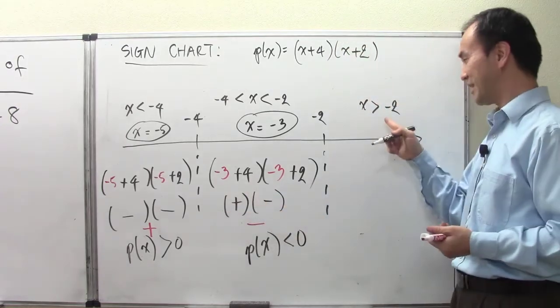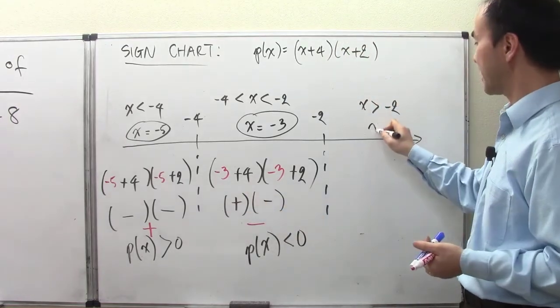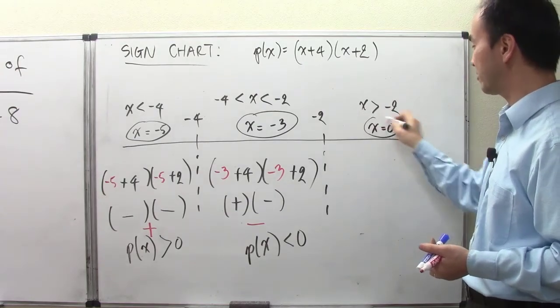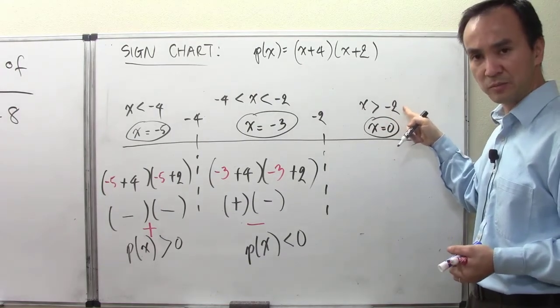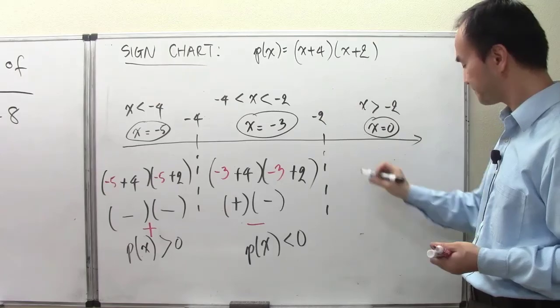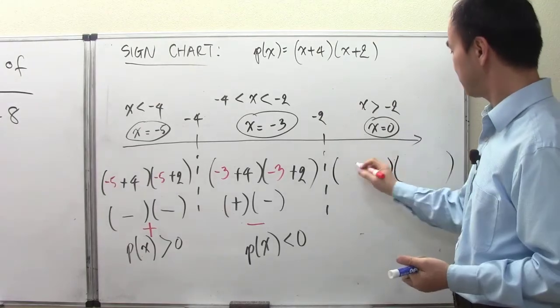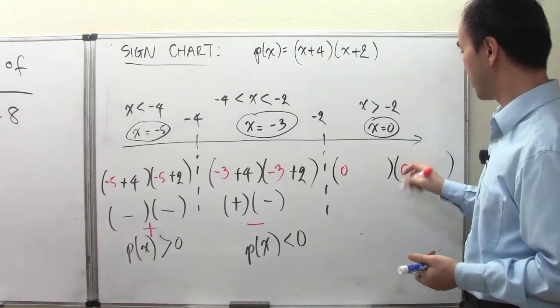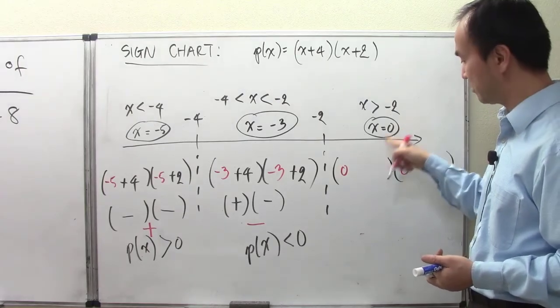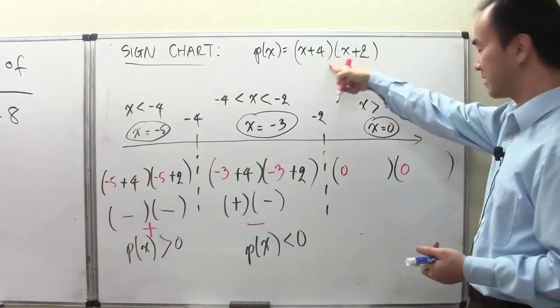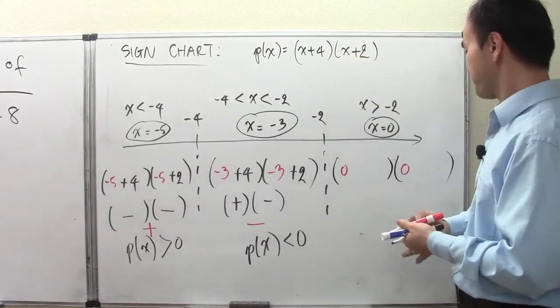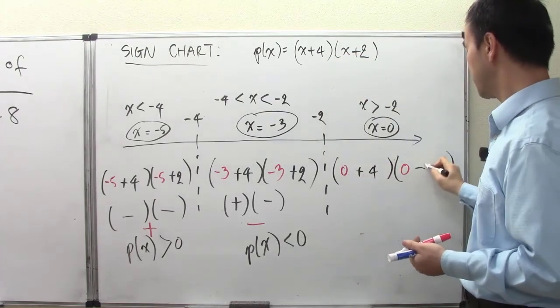All right, and now for this last interval, I can pick x equals 0. It's simply a value that I picked to satisfy this requirement. I substitute my chosen value into the factor product: 0 plus 4, 0 plus 2.